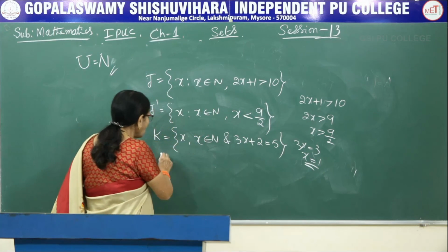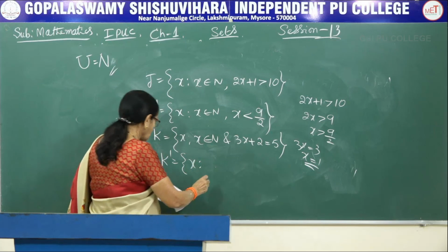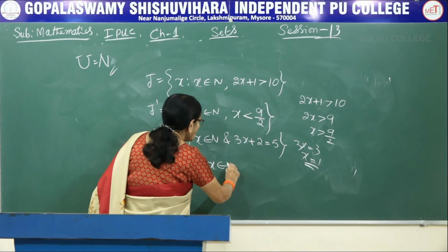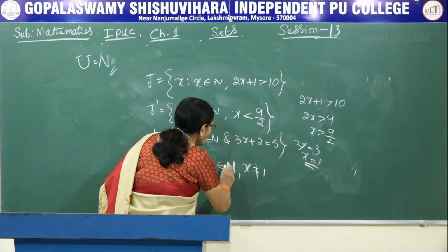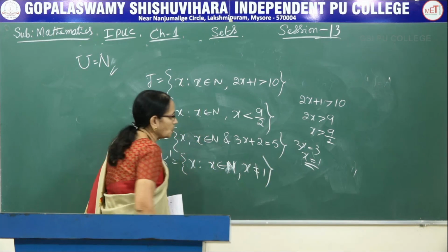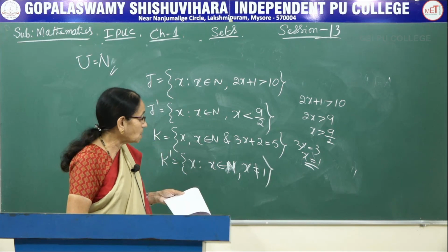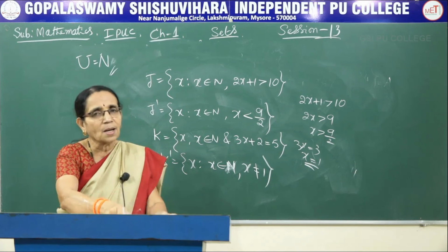So what can be the complement of this one? K dash would contain all x such that x belongs to N and x is not equal to 1. That means starting with 1 omitted. So what are the remaining elements? 2, 3, 4, 5, 6, 7, etc.